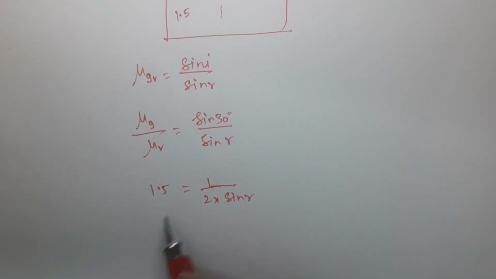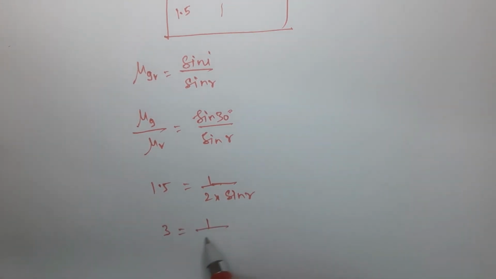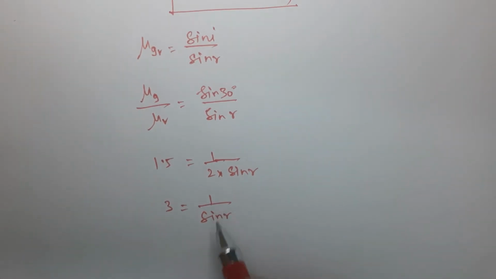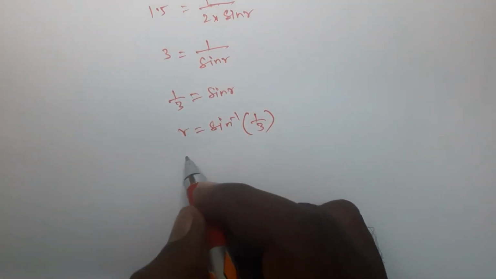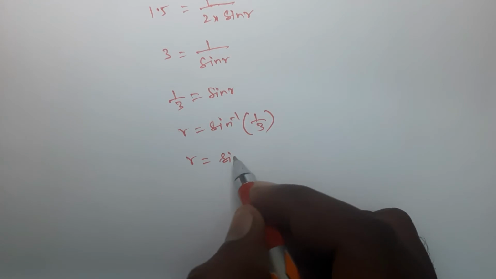This 2 into 1.5 is 3, equal to 1 by sin r. Then take reciprocal: 1 by 3 is equal to sin r. Then r is equal to sin inverse of 1 by 3.